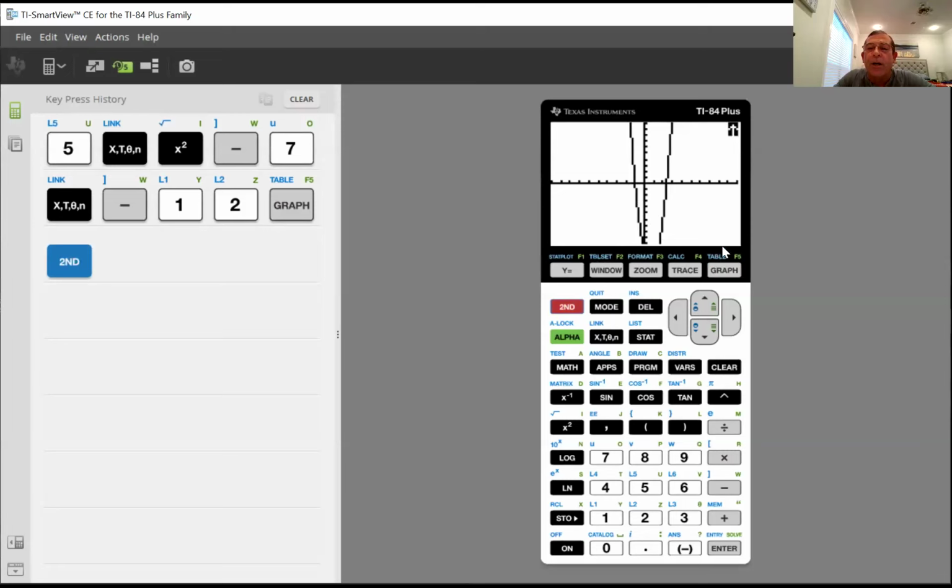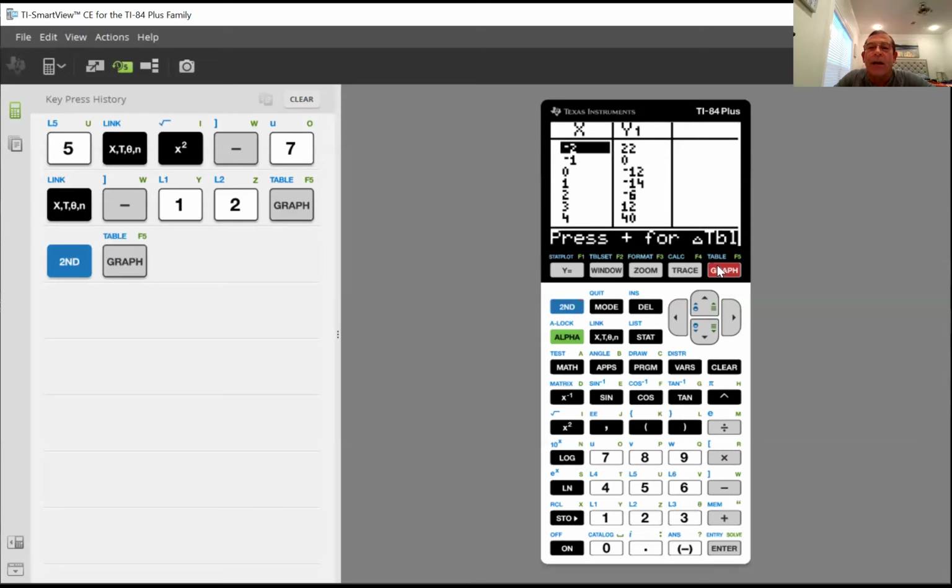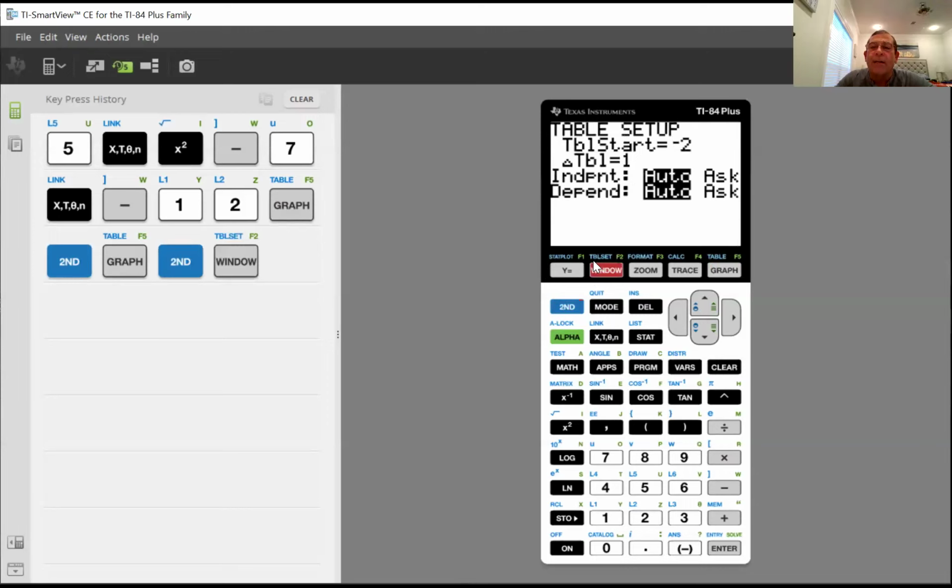So watch this. When you go to the table by hitting second graph, there's my y equals 0 at -1. But between 2 and 3, there's no numbers there yet. So remember what I did on those? I'm going to go to second window to get my table set, and go down here to where it has the triangle.